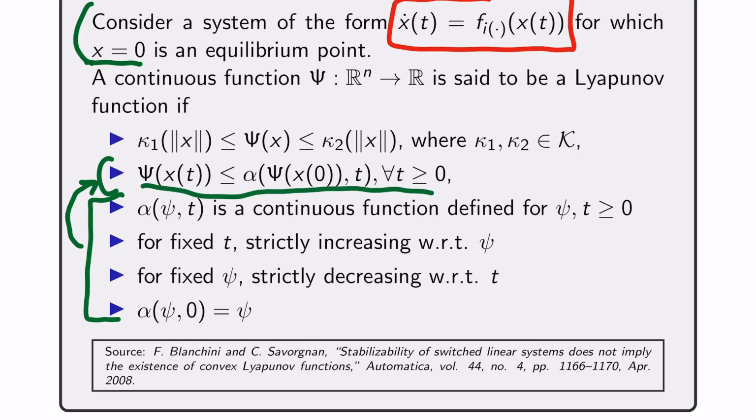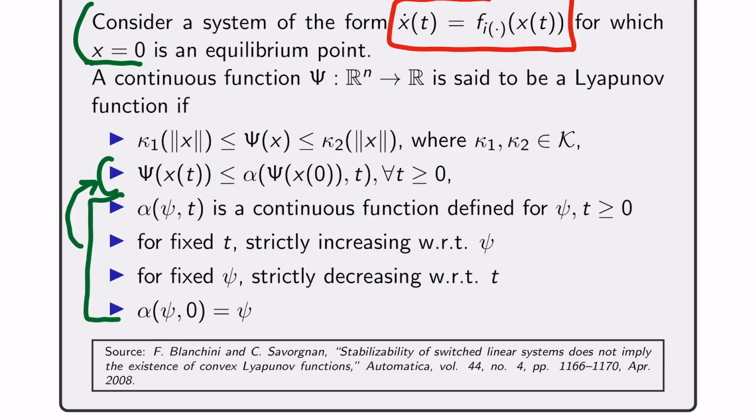So this is the inequality that our Lyapunov function psi needs to satisfy. Let's look at that alpha function. We have two arguments, and first of all, it needs to be a continuous function.